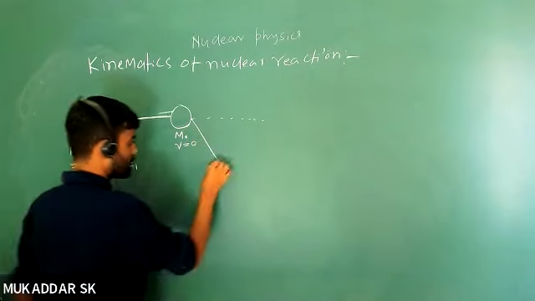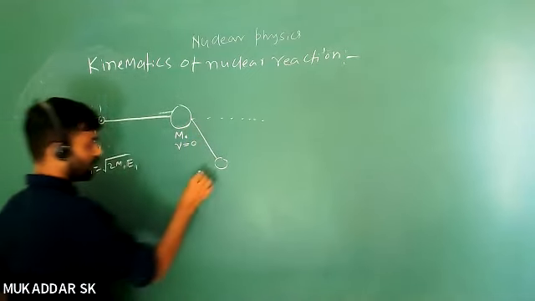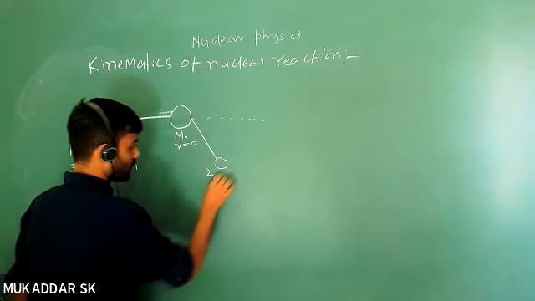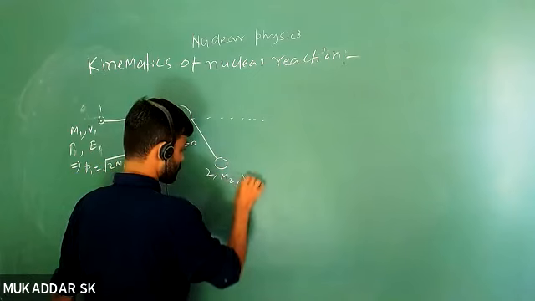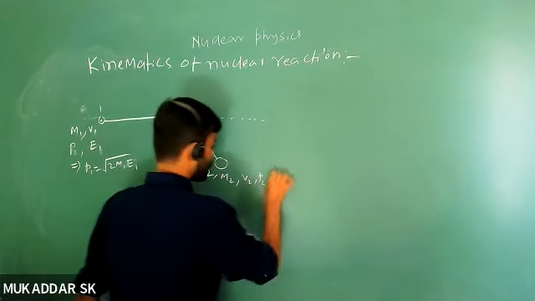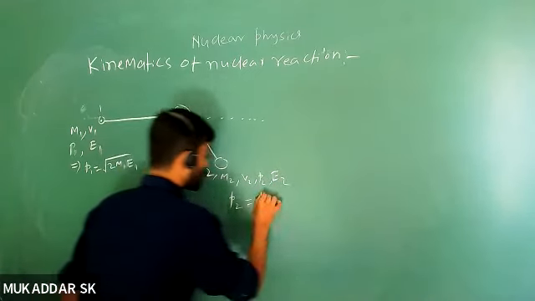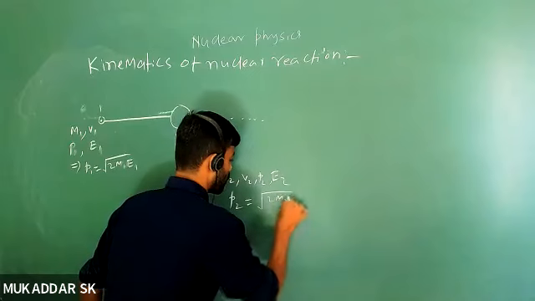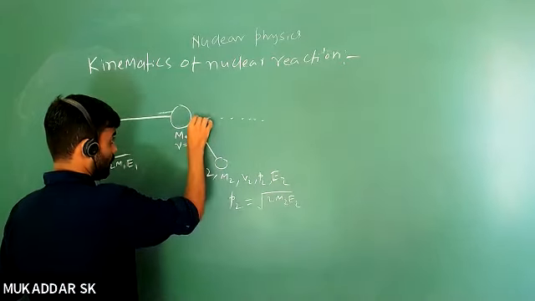Let us denote this nucleus as 2. Its mass is m2, velocity is v2, momentum is p2, and kinetic energy is E2. So p2 equals to root over 2 m2 E2, and let us assume that the angle is phi.